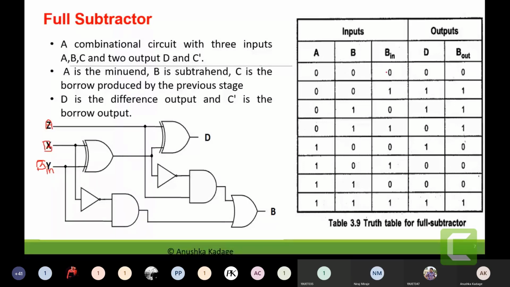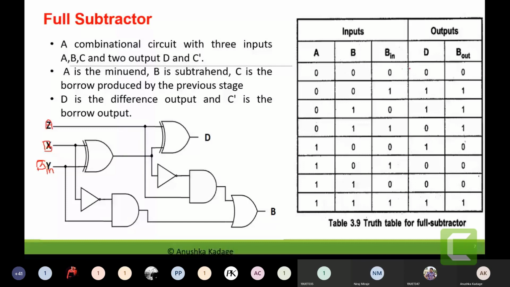So corresponding to these three inputs, 8 possible combinations are noted in this truth table, and for each input combination, we are going to check the difference and borrow out.